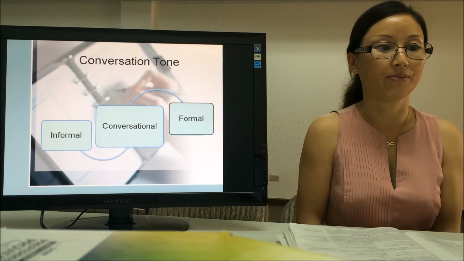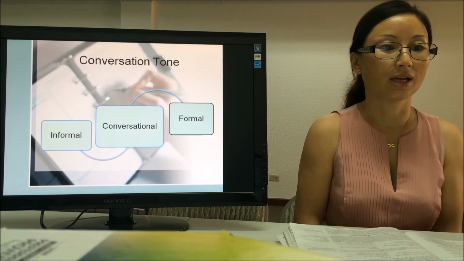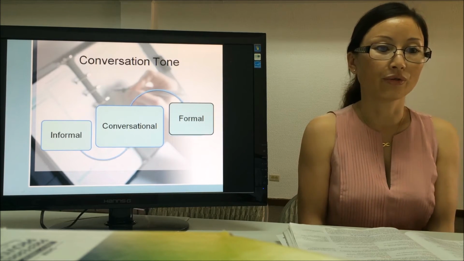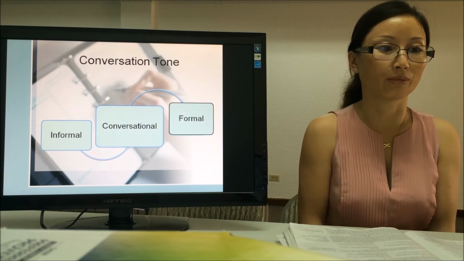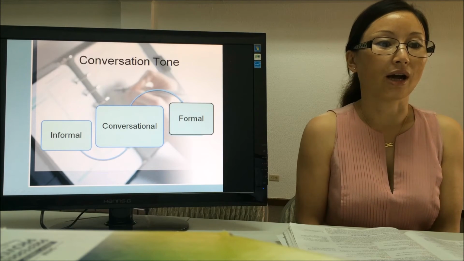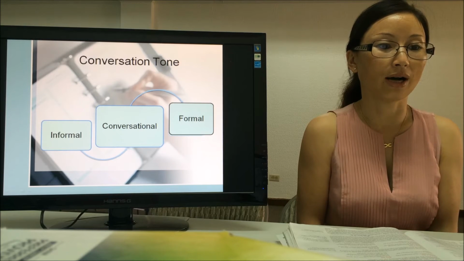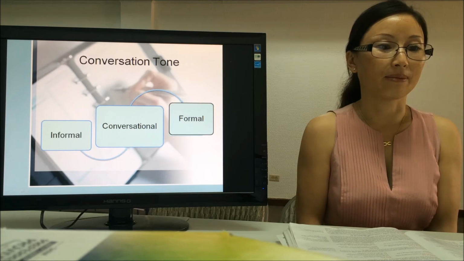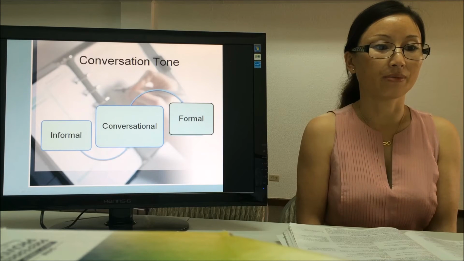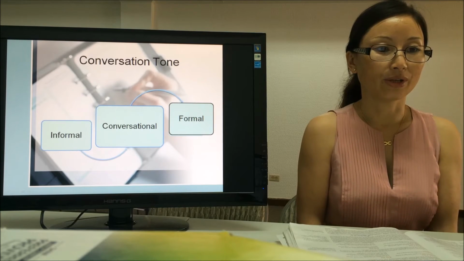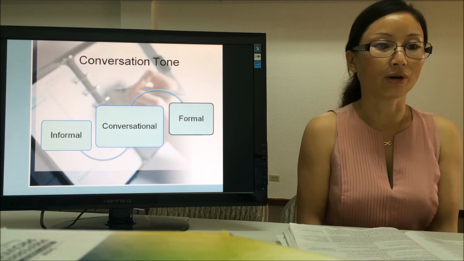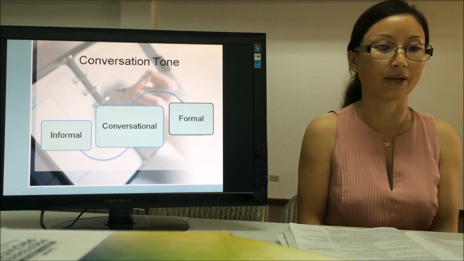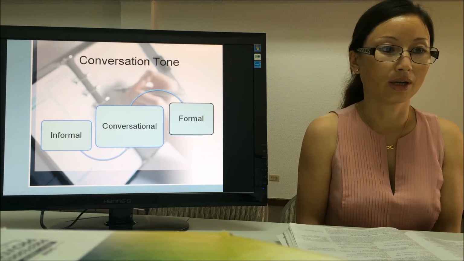The tone of your business message can range from informal to conversational to formal. It depends on who you're talking to and the relationship with them. For example, when you are communicating with your boss, your tone may tend to be more formal and respectful.